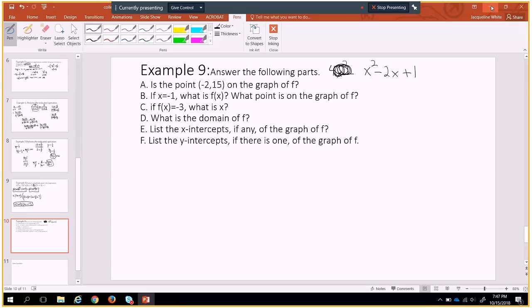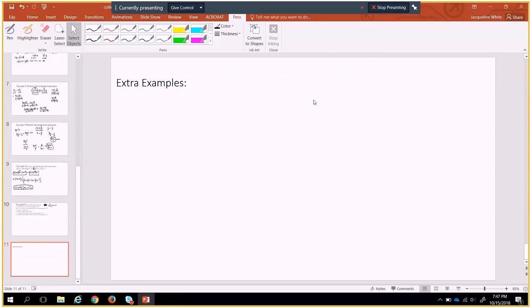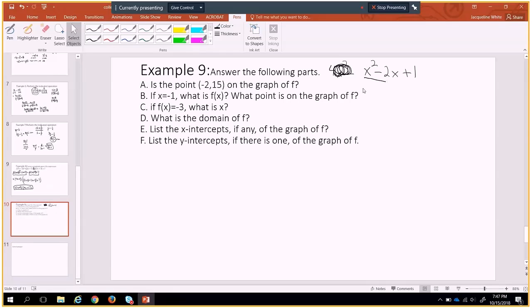All right, so answer the following parts for this equation: x squared minus 2x plus 1. First question, is the point -2, 15 on the graph of f? To answer that, it's quite simple actually.